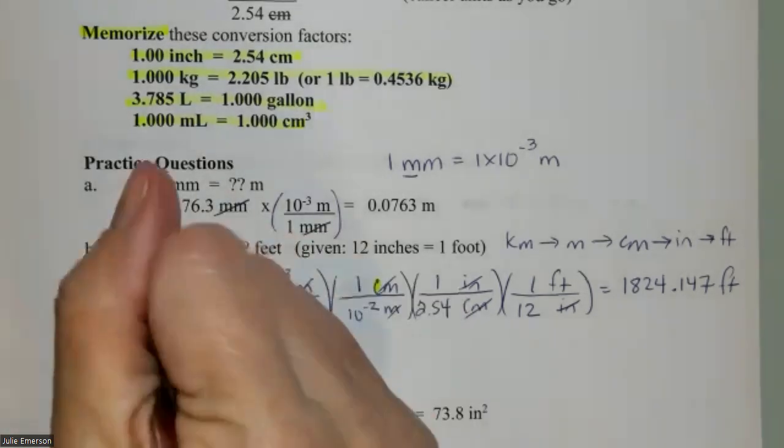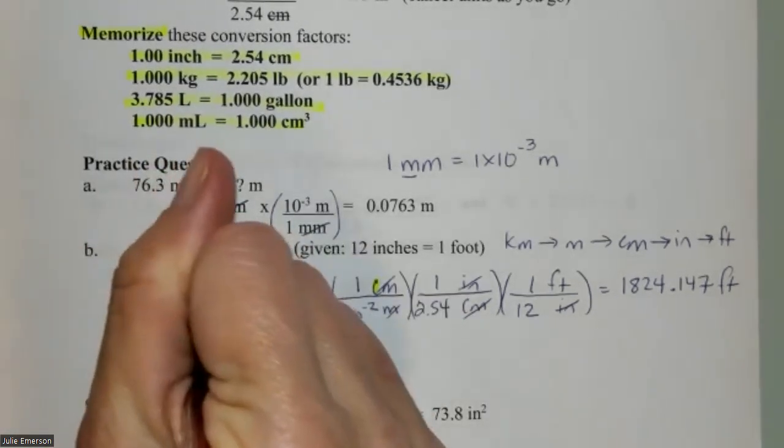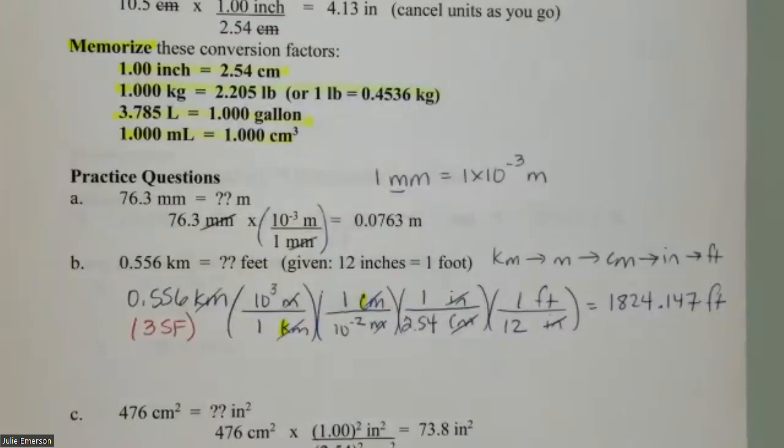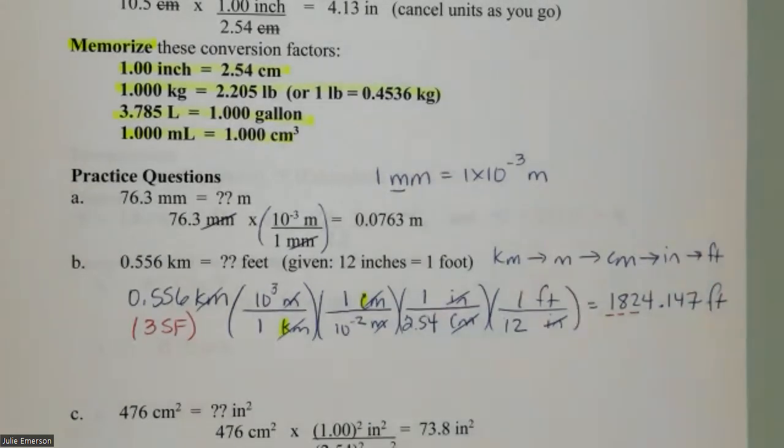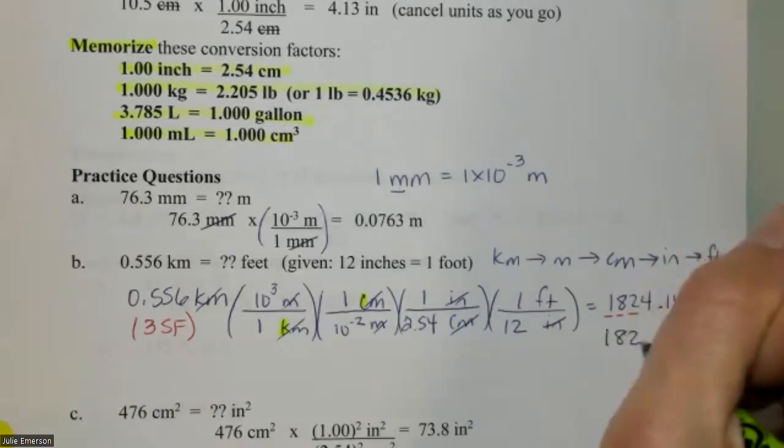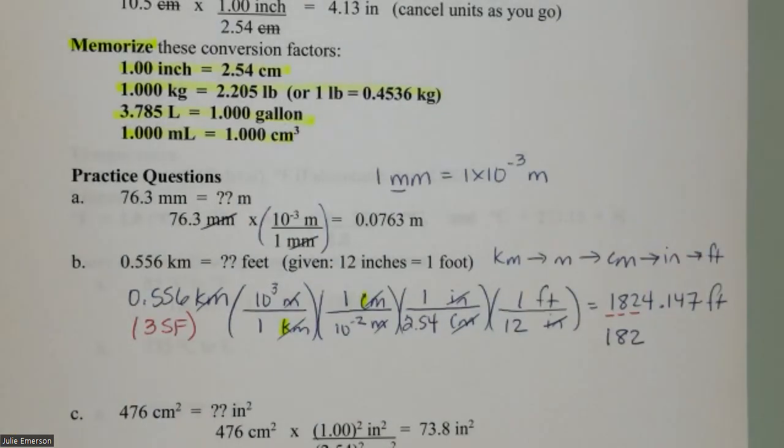So our measurement in the beginning, 0.556, had 3 significant figures. So my answer should only have 3 significant figures. So I'm going to take the 1, 8, and the 2, but I can't just round it to 182 because now I've lost magnitude. I'm in the hundreds rather than the thousands.